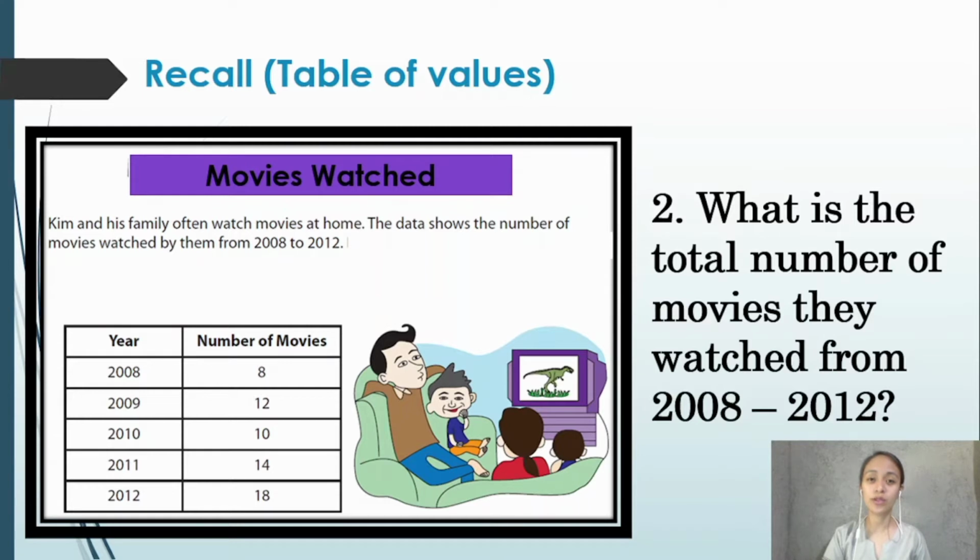We are going to use addition. So, the answer is 62. How did we come up with 62? To find the total, let us add 8 plus 12 plus 10 plus 14 plus 18, it is equal to 62.